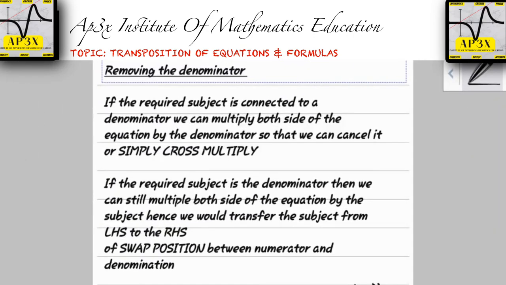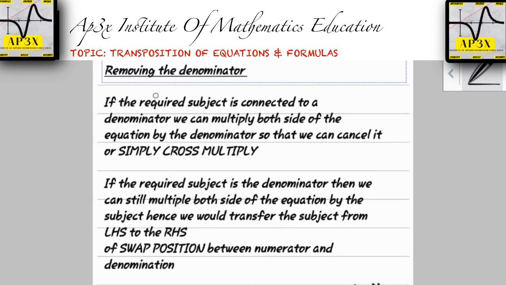So here we go. We're going to be removing the denominator, when our subject is connected to a denominator or our subject is in fact the denominator. Let's have a read.